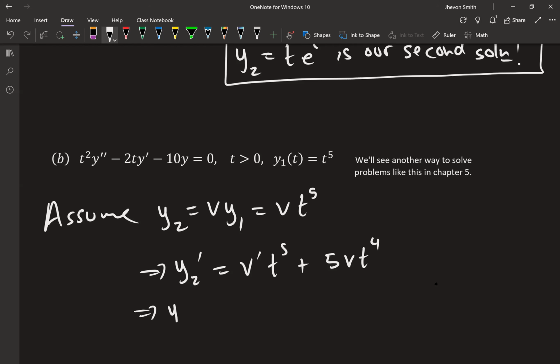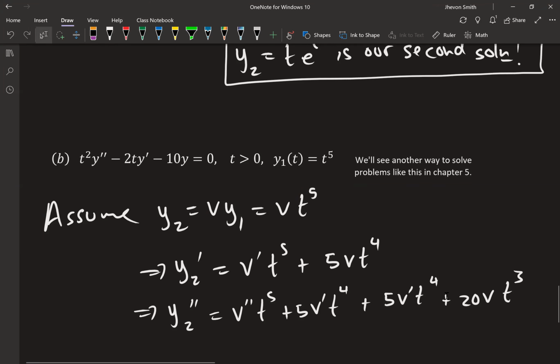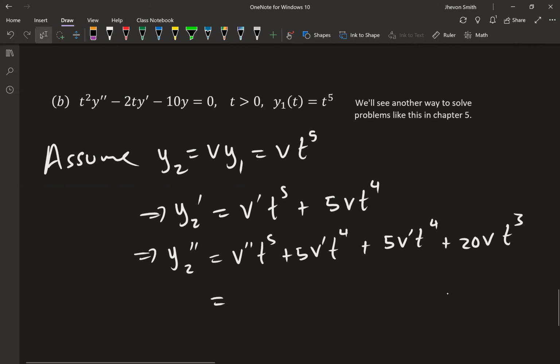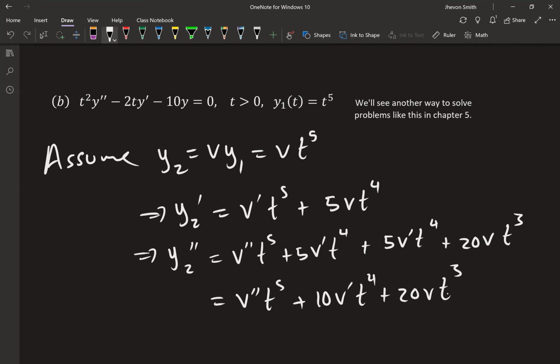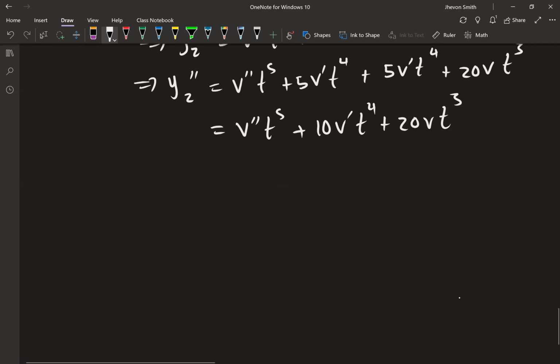And this also means that my double prime is going to be v double prime t to the fifth plus 5v prime t to the fourth plus 5v prime t to the fourth plus 20v t cubed. I can combine the v prime t to the fourths. So this is v double prime t to the fifth plus 10v prime t to the fourth plus 20v t cubed. Now I'm going to plug into the original ODE.